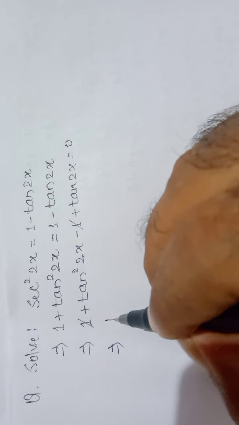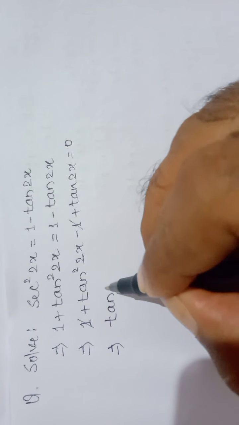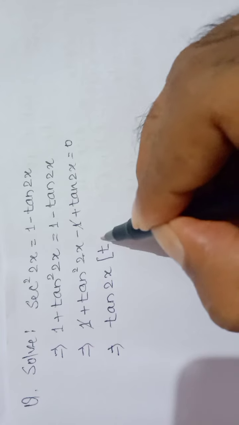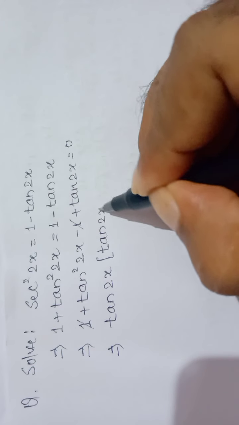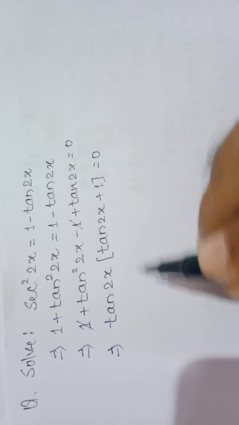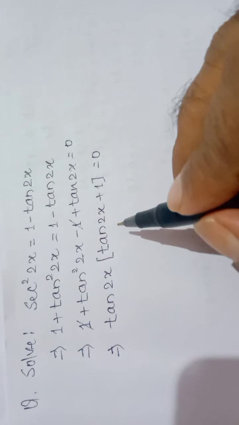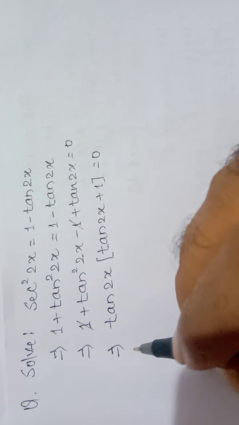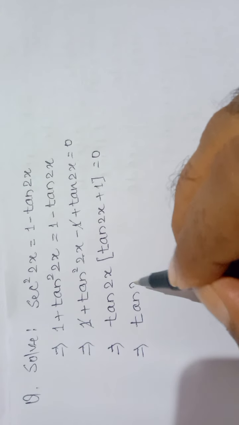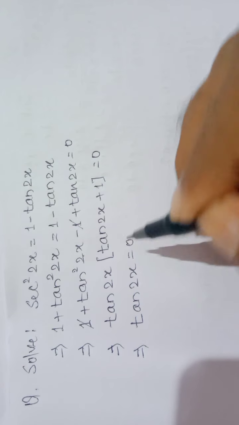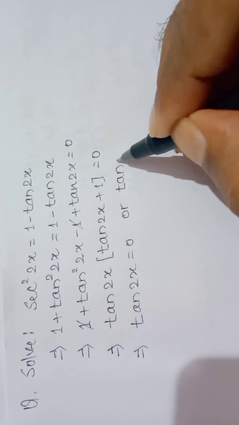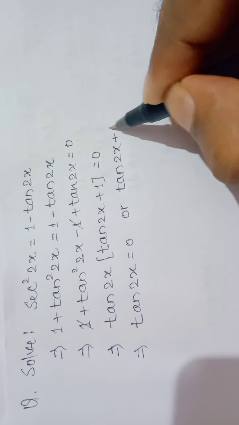Then we have tan 2x into tan 2x plus 1. Again we have the product of two terms is 0. It means either tan 2x is equal to 0 or tan 2x plus 1 equal to 0.